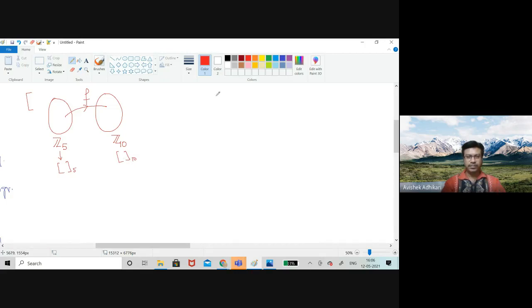Now I define f of class A of 5 to go to class A of 10 for all A in Z5. For example, f of class 2 of 5 should be class 2 of 10. Class 2 of 5 is an element of Z5, and class 2 of 10 is an element of Z10.